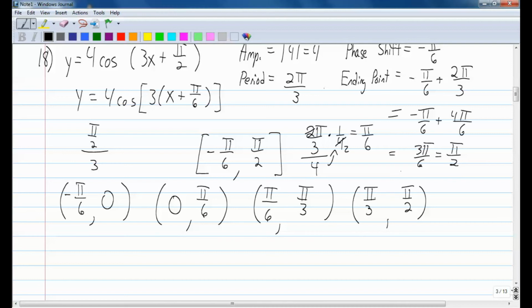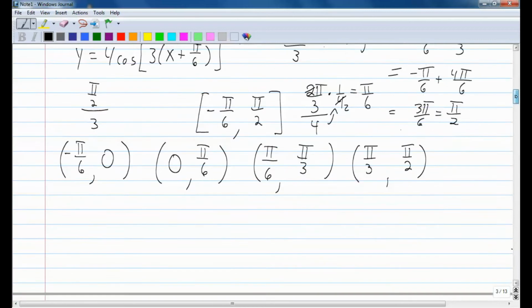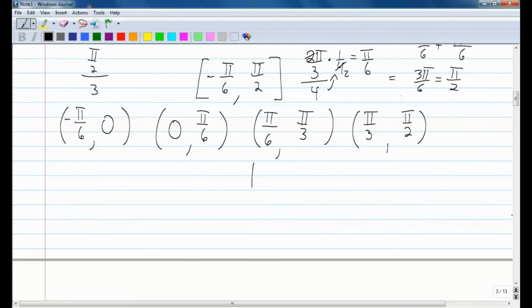And 2 pi over 6, or pi over 3 plus pi over 6 is 3 pi over 6, or pi over 2. So that's the check to let you know that you've been doing this right. Alright, this is a cosine graph. My amplitude is 4. So I can do a rough sketch real quick.